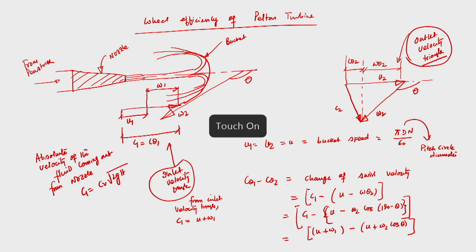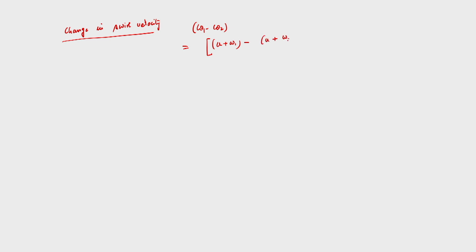If I go to the next slide, I can write the change of swirl velocity as the fluid is striking the bucket after coming out from the nozzle. The change in swirl velocity, C theta 1 minus C theta 2, is equal to U plus W1 minus (U plus W2 cos theta).